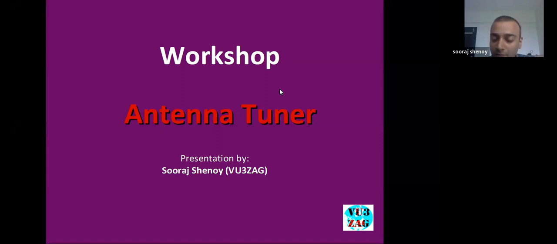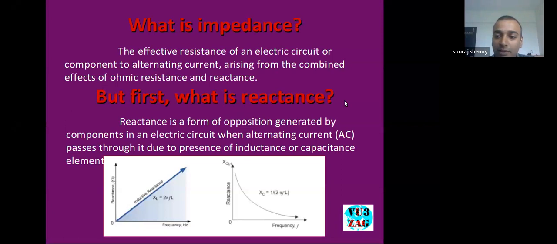Starting with the basic fundamental terminologies related to antenna theory. The most important thing that we usually hear when we talk about RF and radio frequencies is impedance.